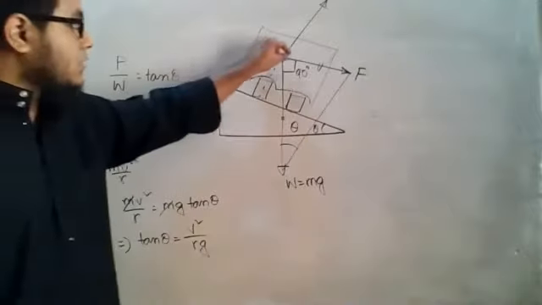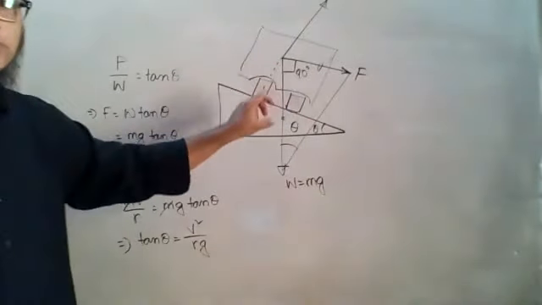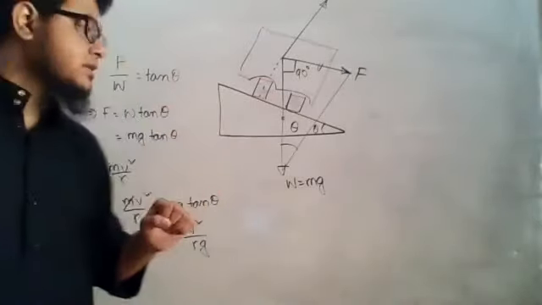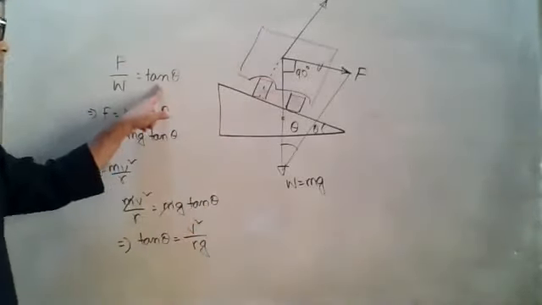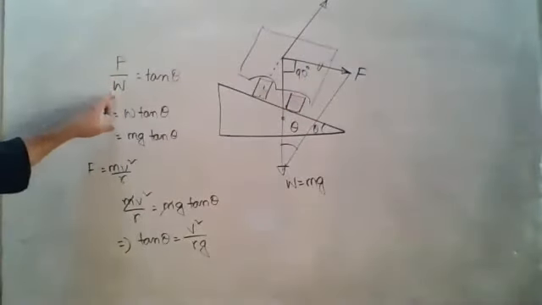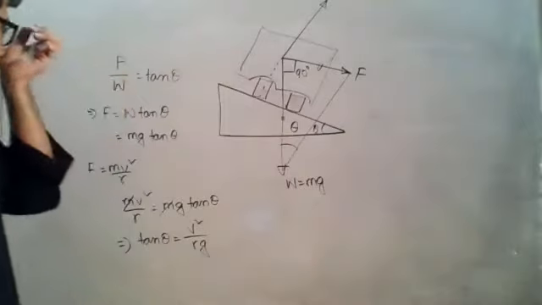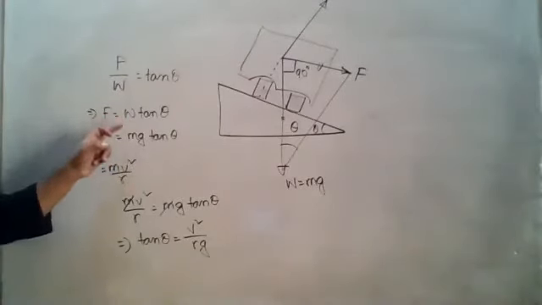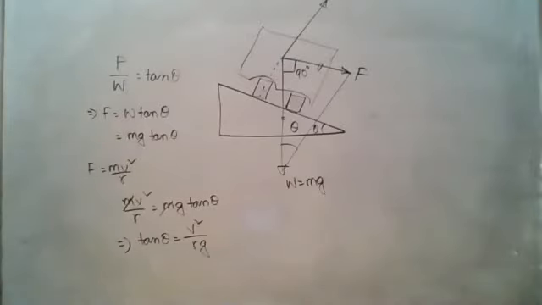Now we are dealing with the opposite and adjacent, and these two make the trigonometric ratio tan theta. So tan theta is equal to opposite, that is F, divided by adjacent, that is W. Now if you cross multiply, F will be equal to W tan theta. W can be replaced by mg because this is the weight.